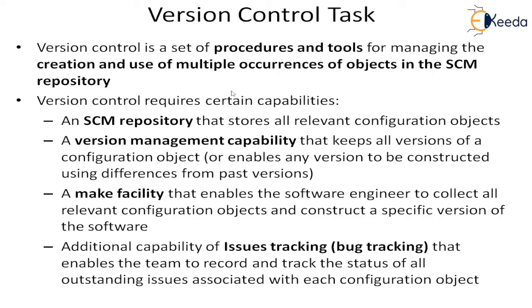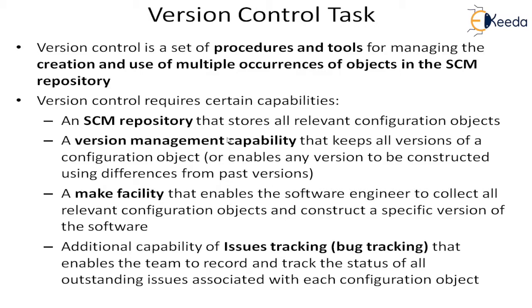The version control cannot happen unless there is an SCM repository. A version management capability keeps all versions of a configuration object, or enables any version to be constructed using differences from the past versions. So if a new version has been released, it will create a new version.